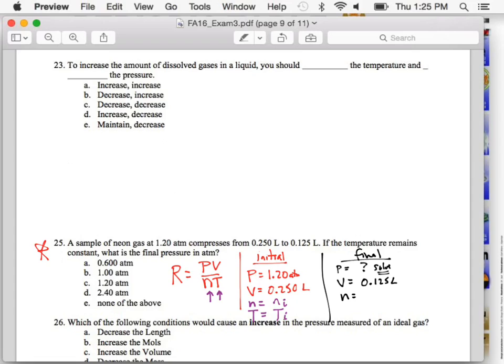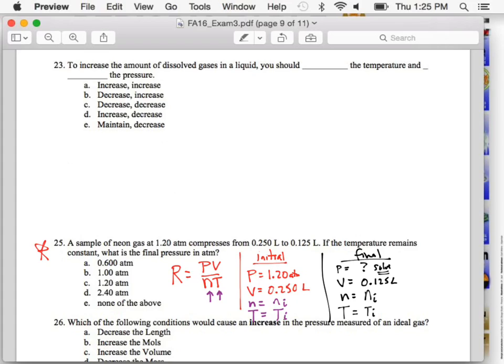I took a sample of gas and I changed the volume and the pressure. I didn't change the amount of gas. It's the original sample of gas. So my moles final are my moles initial. Okay. What is my temperature final? It's constant, which means my temperature final is my temperature initial.